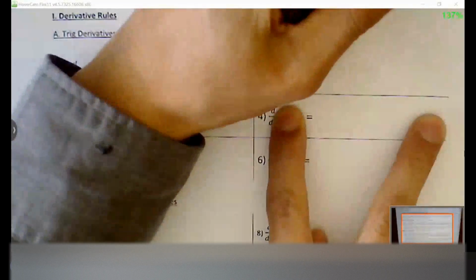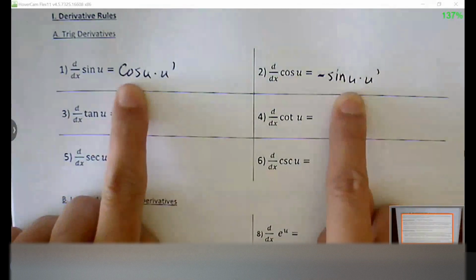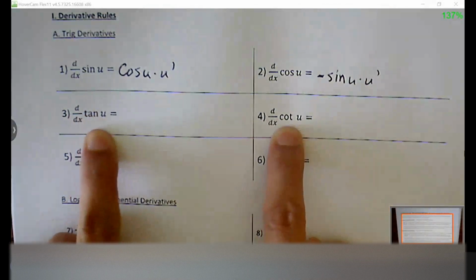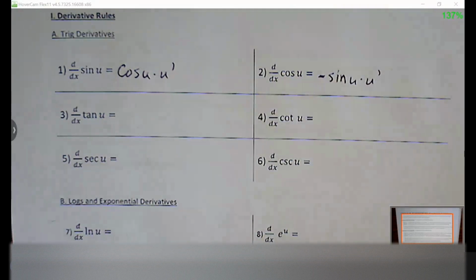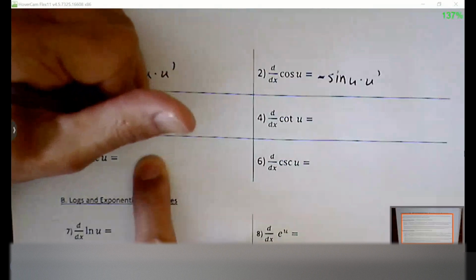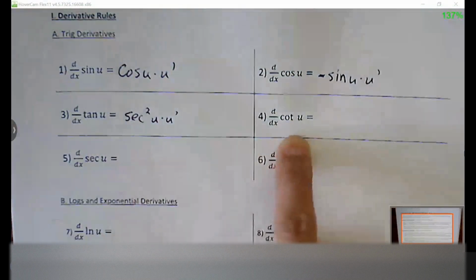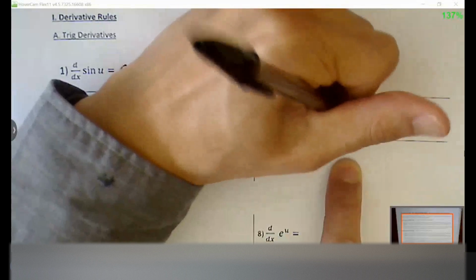Cosine's derivative is negative sine. You guys know this; these are the most basic ones, the ones that show up the most. I like putting tangent and cotangent next to each other because their derivatives have a similar form. Tangent's derivative is secant squared u times u prime. Cotangent's derivative is negative cosecant squared u times u prime.